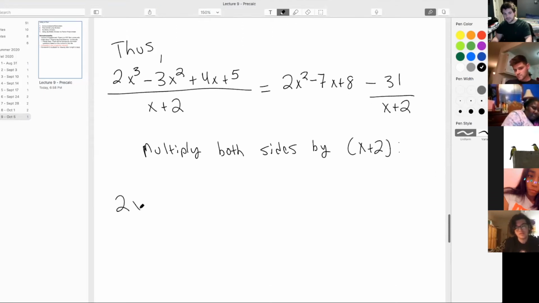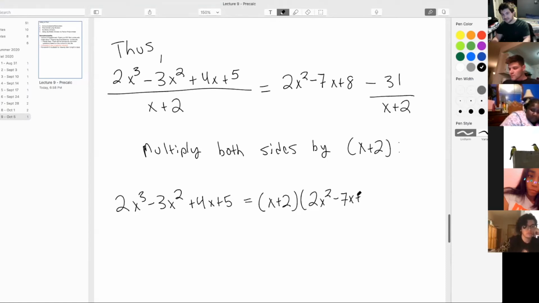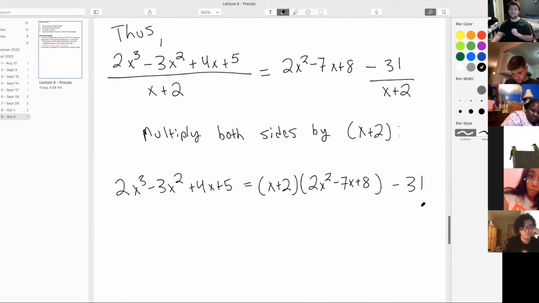So you're just left with 2x cubed minus 3x squared plus 4x plus 5 is equal to x plus 2 multiplied by 2x squared minus 7x plus 18, minus 31. So I hope everyone sees how I obtained this line here. Just multiplied both sides by x plus 2.